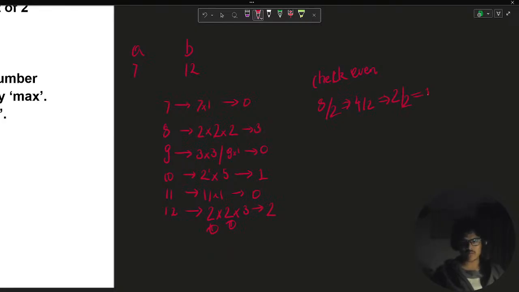Then we have 1. We continue till the number is greater than 1.